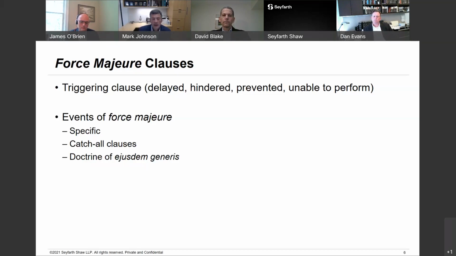Our experience has been that developers and landlords have tended to embrace force majeure clauses, and the reason for that is in most commercial retail leases and development projects, those force majeure clauses contain carve-outs for monetary obligations of the parties. So that's what our experience has been.